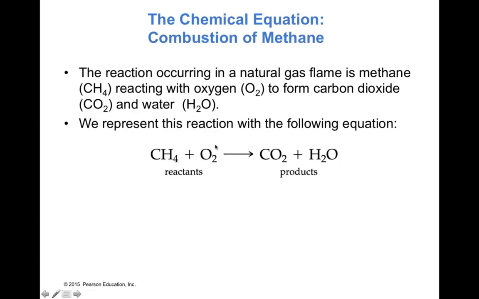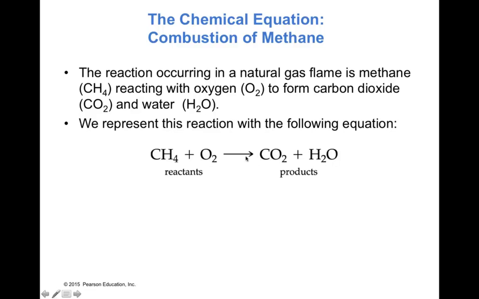At the left of the arrow, these are the reactants. On the right side, we have the products. The reactants are the compounds that react to produce our products. So here, the reactants are methane and oxygen, which produce carbon dioxide and water.